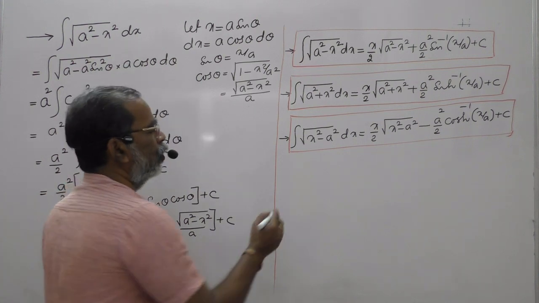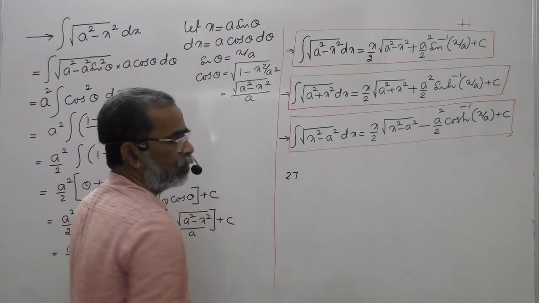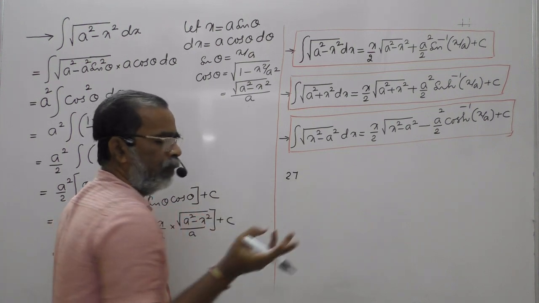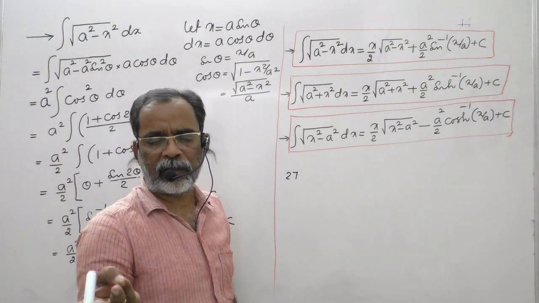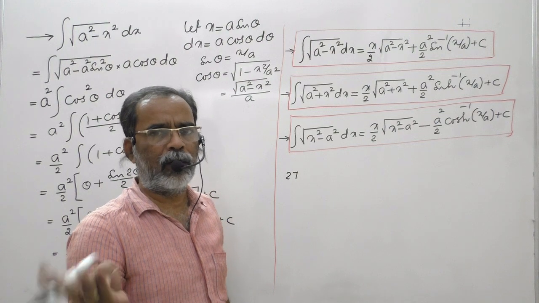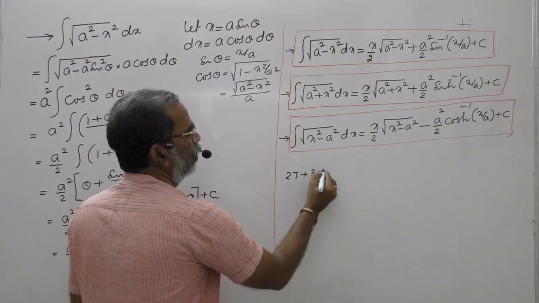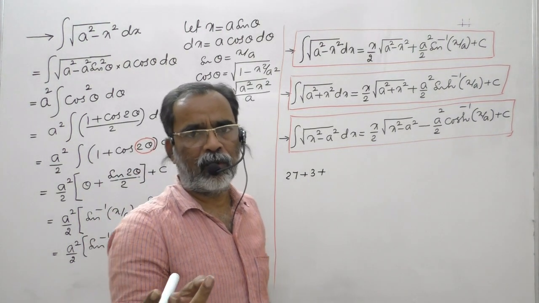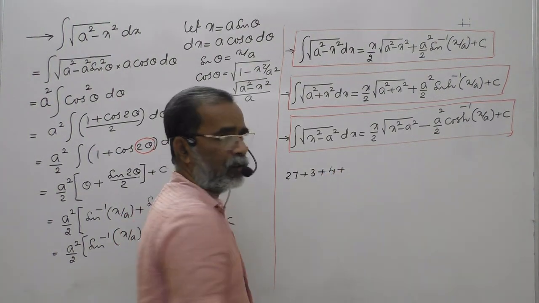Listen, so far, first in the basics we have done 27. Today f dash x by fx, f dash x by root fx, whole power n into f dash x, I have made three more. Then tan x, cot x, sec x, cosec x, again I have obtained four formulas.